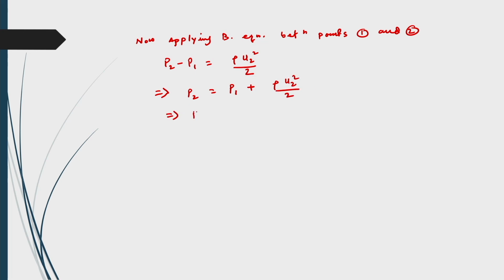After substitution of those values, P2 will be equal to 1.1 into 10 to the power 5 Newton per meter square. That will be your absolute value. This is simply 1.1 bar absolute.